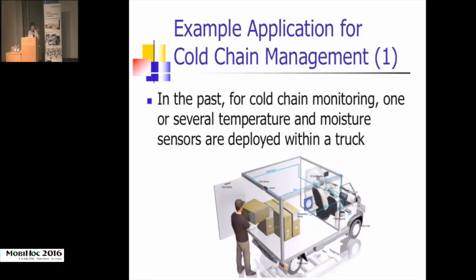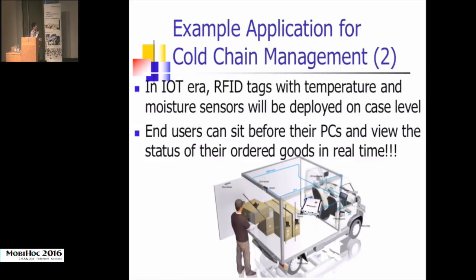Here is one typical application for these sensing tags. For example, in cold chain monitoring, in the past, one or several temperature and moisture sensors were deployed within a car to let people know what is happening in the car during transportation. This is the past situation.